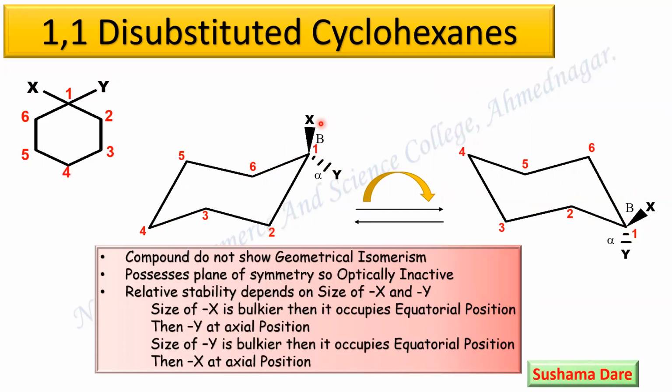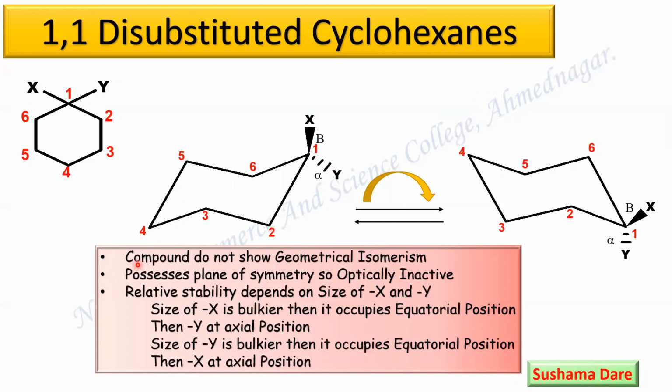Due to flipping, always remember, axial bonds change to equatorial and equatorial bonds change to axial. But a beta bond always remains beta, while an alpha bond always remains alpha. So beta and alpha describe the orientation of the bond.